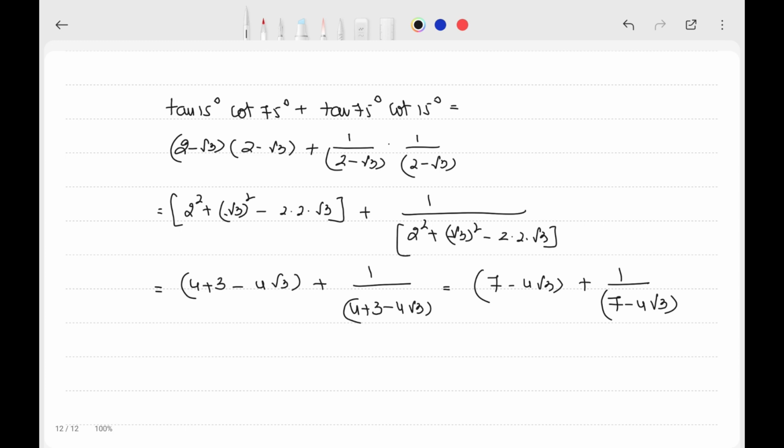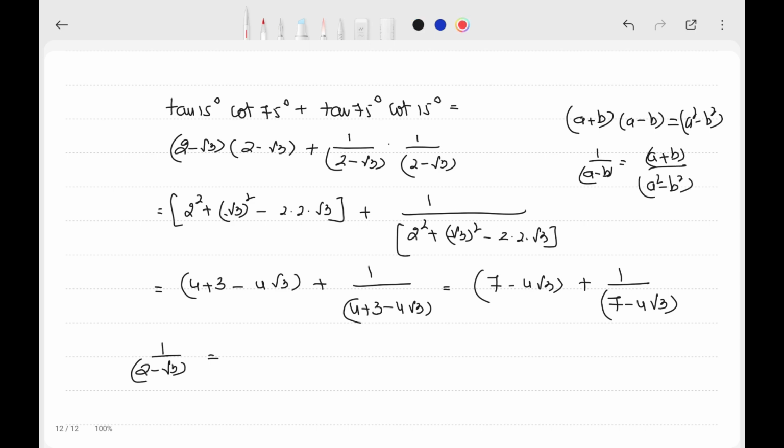And we can even say, we know a plus b into a minus b is equal to a square minus b square. This 1 by 2 minus root 3, how can we write it? 1 by a minus b is equal to a plus b divided by a square minus b square, by cross multiplication you can know it.